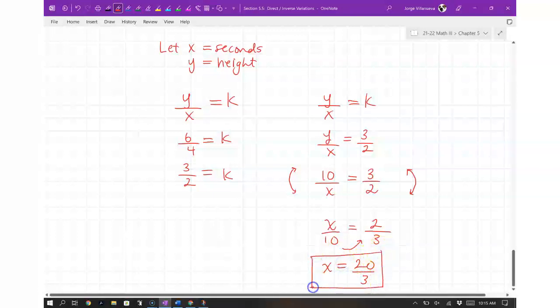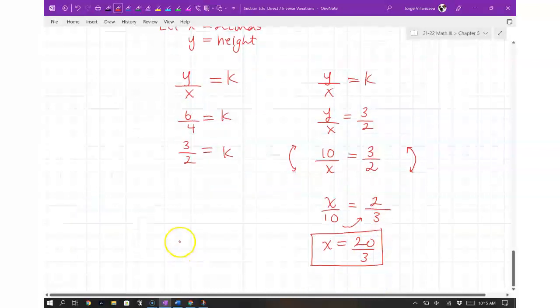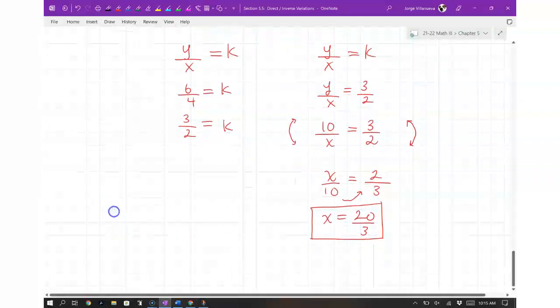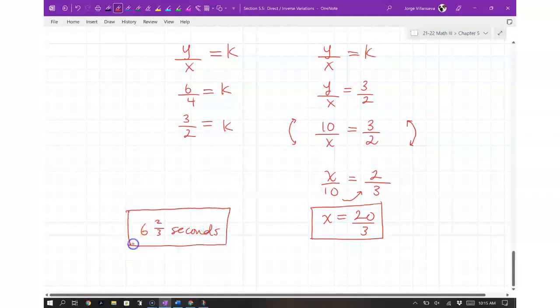And that would be the time. So 20 over 3 seconds, what is that? 6 2/3. So 6 2/3 seconds. That's how long it's going to take. Okay?